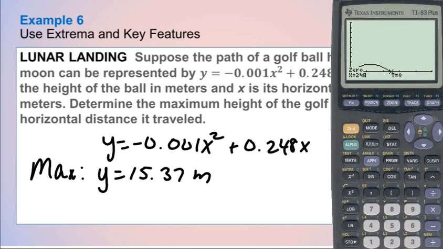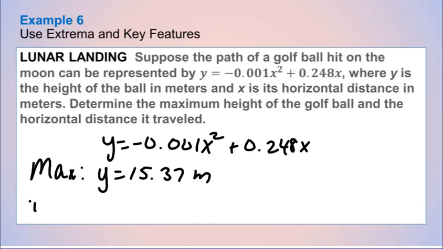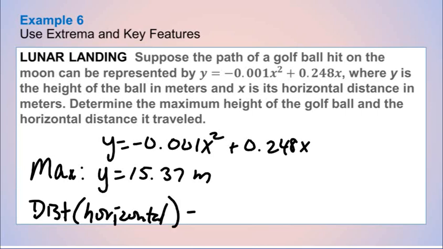When y is 0, x is 248. That means from the origin to the 0 is 248. So the distance, and this is horizontal, would be 248 meters.